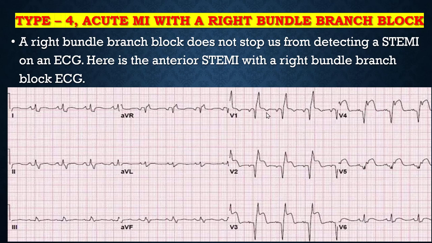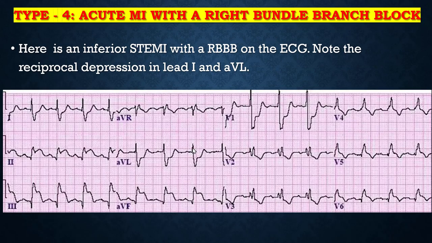You can see that this is the right bundle branch block. The QRS complex is more than 3 small squares, and here in V4, V5 and V6 there is ST elevation. So this type of infarction has occurred with right bundle branch block.